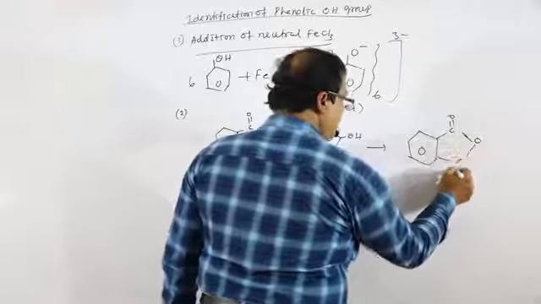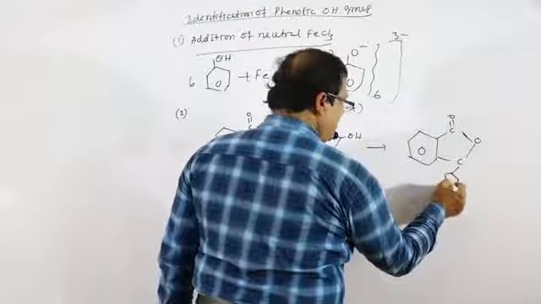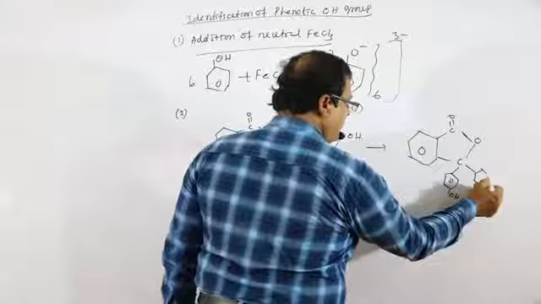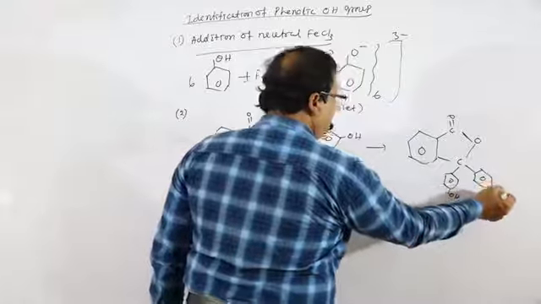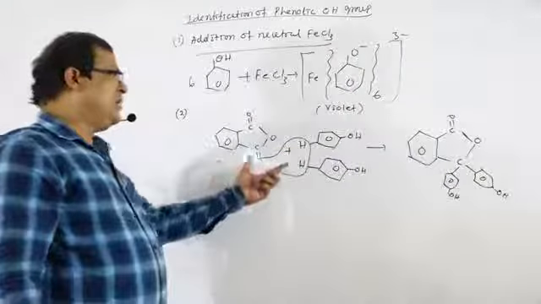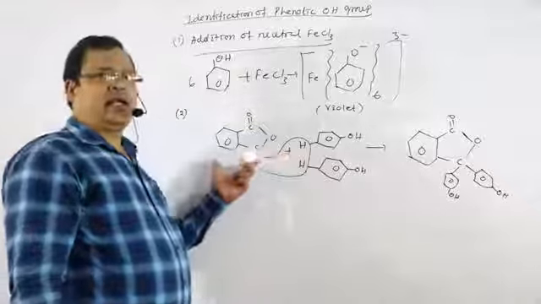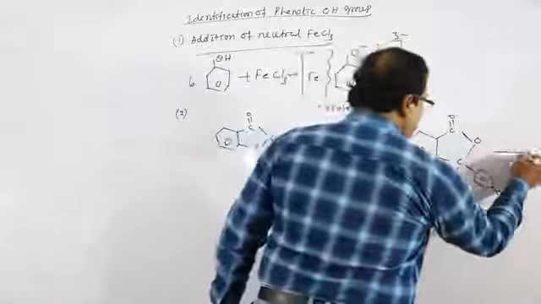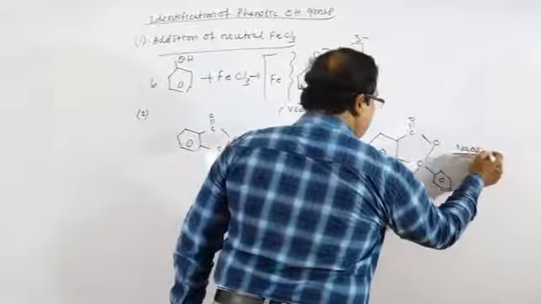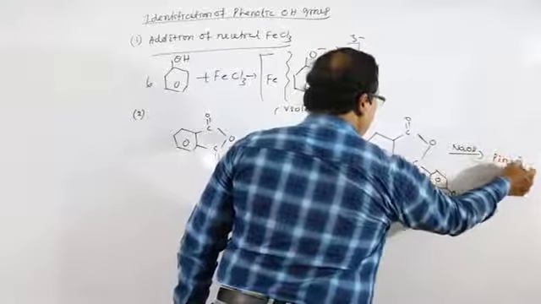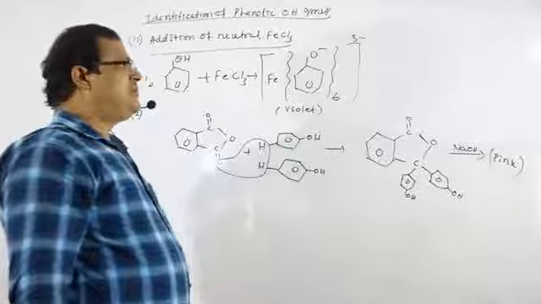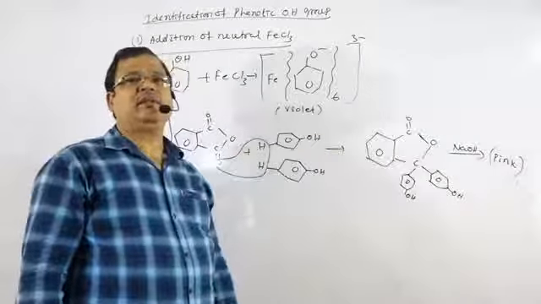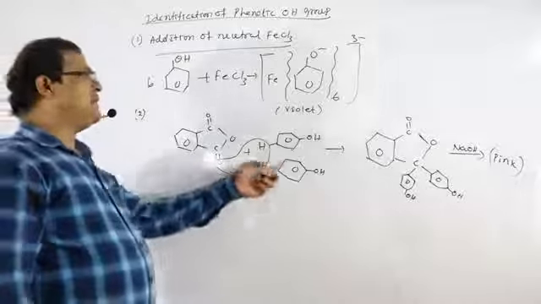Phenol reacts with phthalic anhydride to form phenolphthalein indicator. Whenever this is added to NaOH, there is the formation of pink color. Phenolphthalein indicator in alkaline medium has pink color. That clearly explains the presence of the phenolic OH.